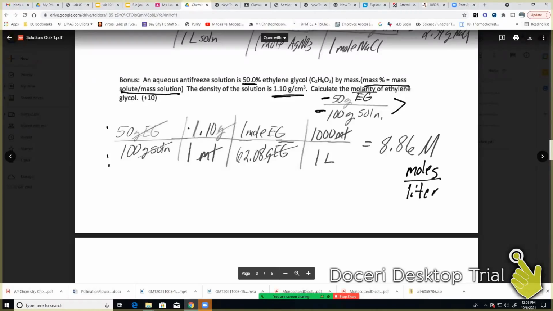And then from here, it's a little harder to see on this. These two canceled out. This and this canceled out. Because this is solution, and this is just of that, what was it? Ethylene glycol.